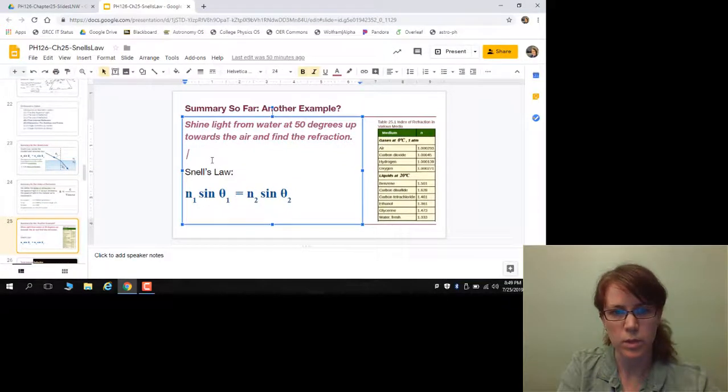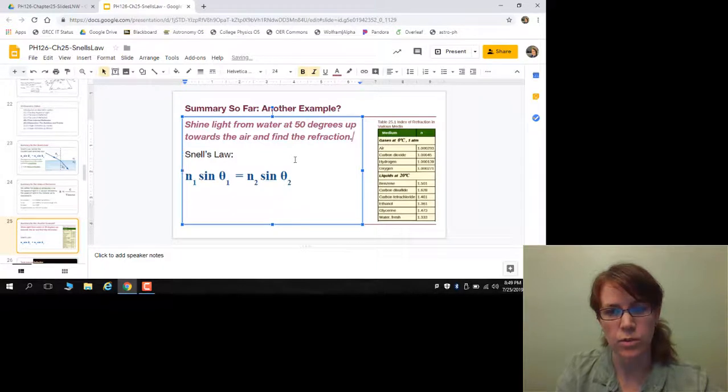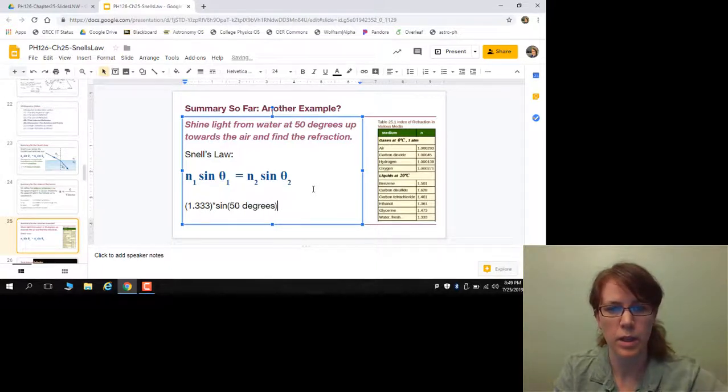Okay, so for Snell's law, we're starting in water. And so for n, that's 1.333, and it's the sine of 50 degrees. And we're going towards air, which is 1.00, and our goal is to find the sine of that angle, theta 2.